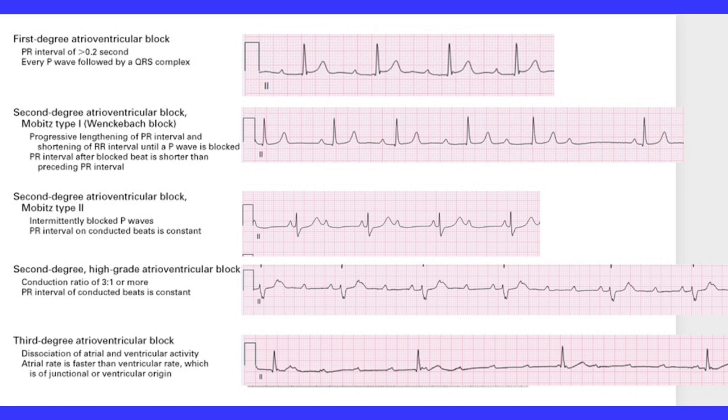It's a high grade AV block. This is somewhere between second degree and complete heart block. And the last strip is third degree AV block. There's dissociation of the atria and ventricle. They're beating independently. The atrial rate is faster than the ventricular rate, which is of junctional or ventricular origin.